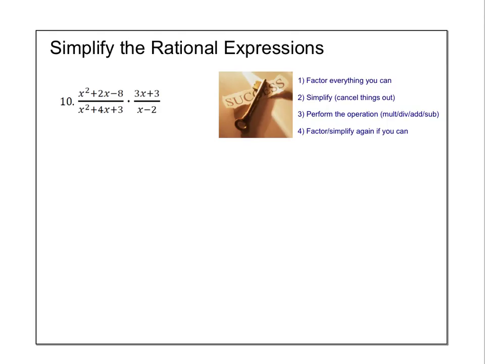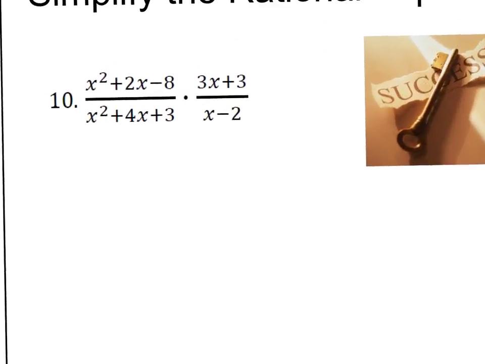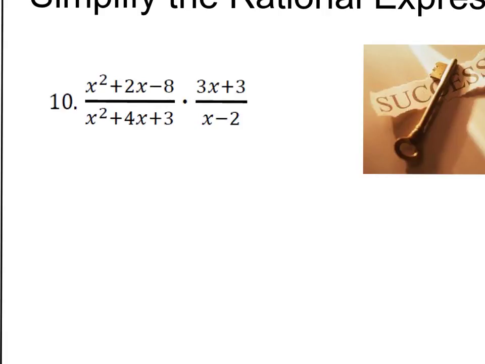So, now the game gets up a little bit. So now life gets a little more complicated. These are no longer just single things, okay? They're no longer monomials. Now I've got binomials, trinomials, all sorts of things. So what I've got to do is factor here. So this first part becomes x plus 4, x minus 2.